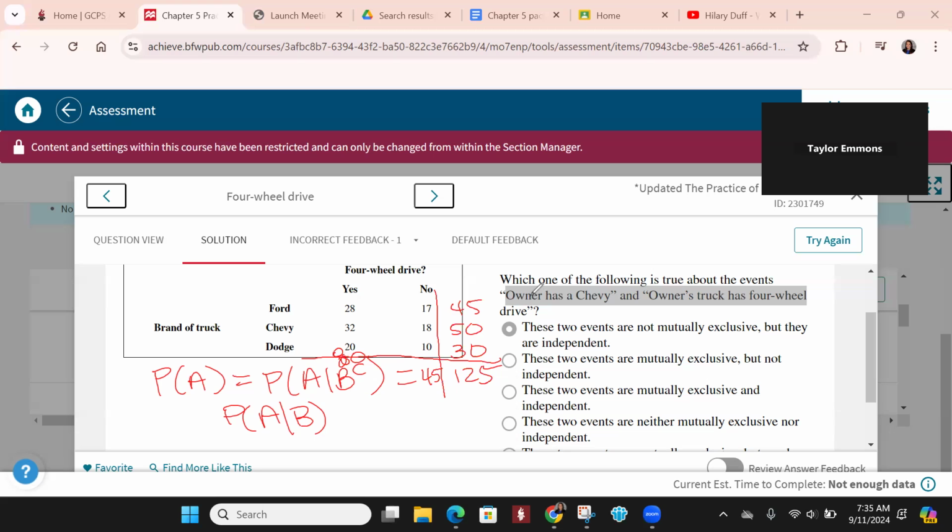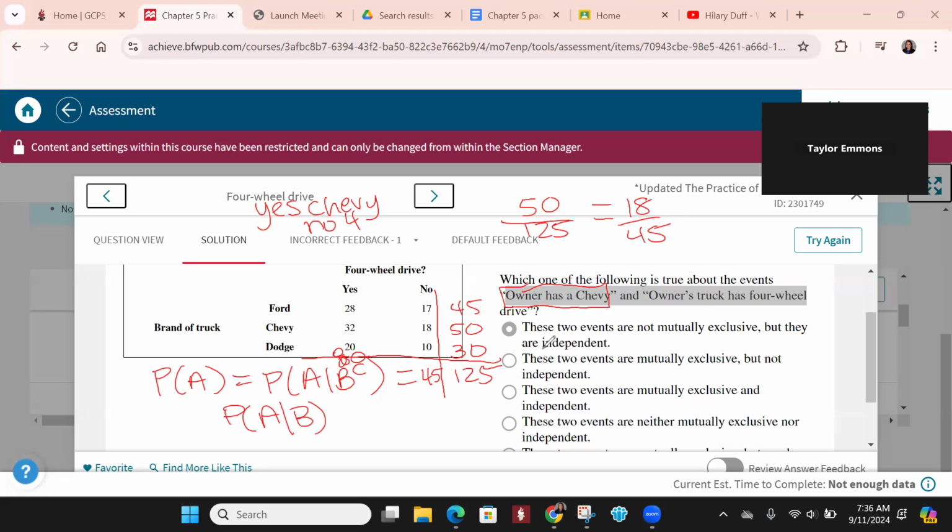All right. So what is the probability that an owner has a Chevy? 50 out of 125. Is that equal to the probability of A given not B? So what would be not B? Yes, they have a Chevy, but no four-wheel drive. Out of the no four-wheel drive, how many have a Chevy? 18 out of 45.